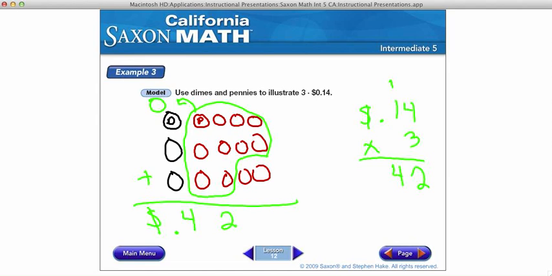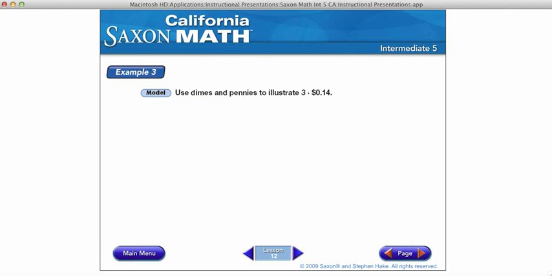This is money, and so with money, I know that there are always 2 numbers to the right of the decimal point. Okay? So I have 42 cents. So I have the picture, and I have the equation. Okay? Let's look at example 4.